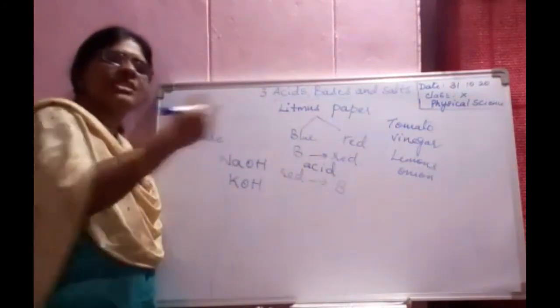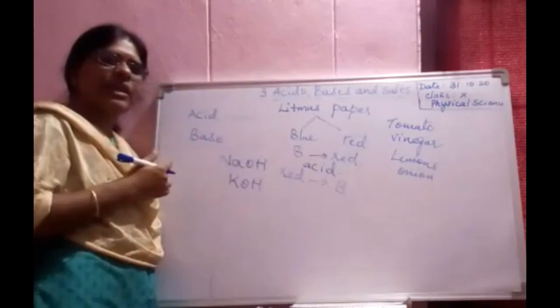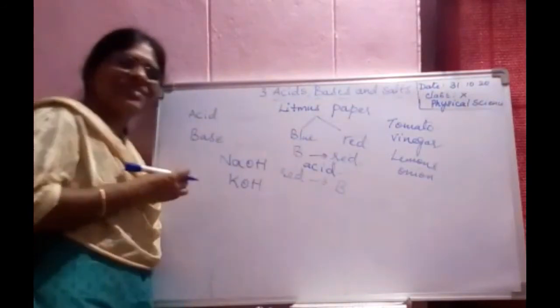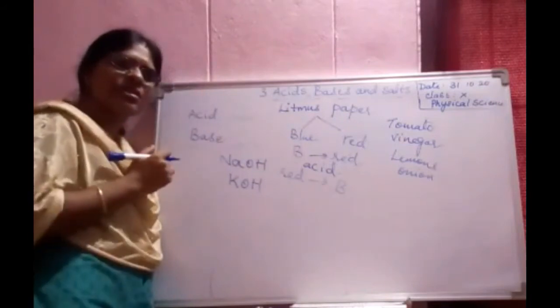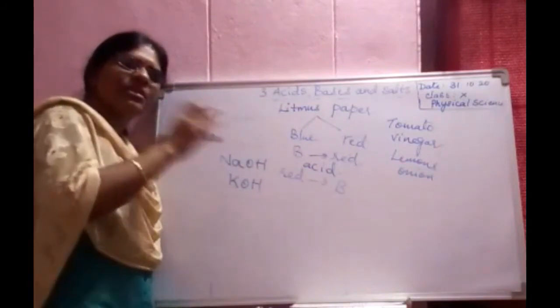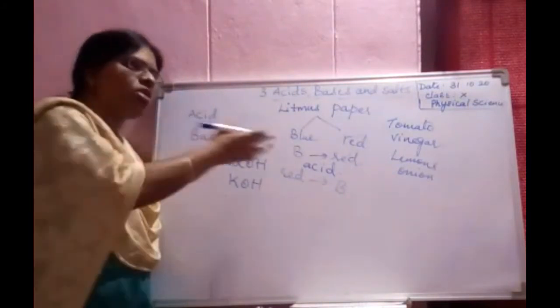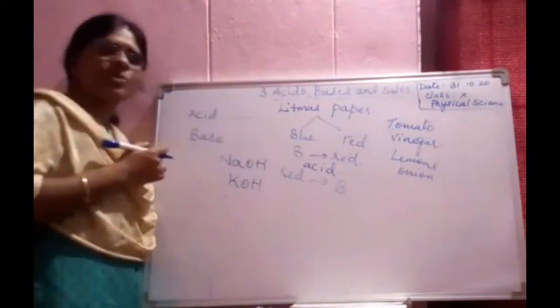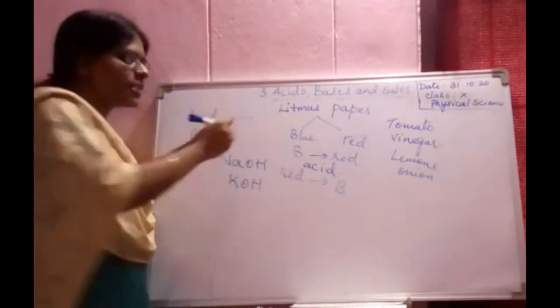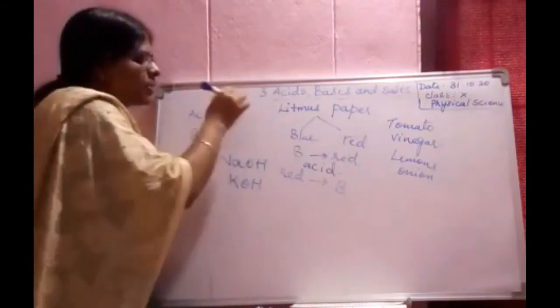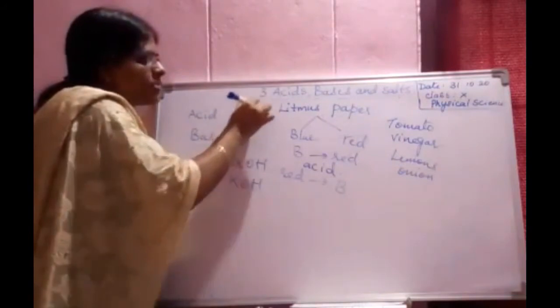It changes into red color. You will be seeing so many things. You have seen red cabbages. By using red cabbage solution, we can also prepare litmus papers. These litmus papers are actually prepared from the lichen plant.